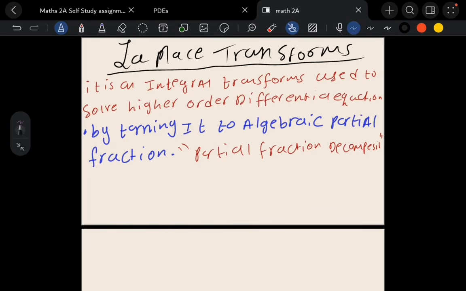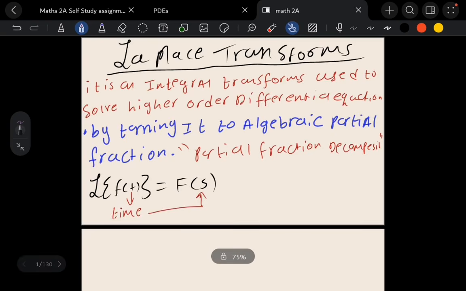Right, so here the idea is when we take the Laplace transform of f of t, we will get f of s. We are transforming from time to s domain.